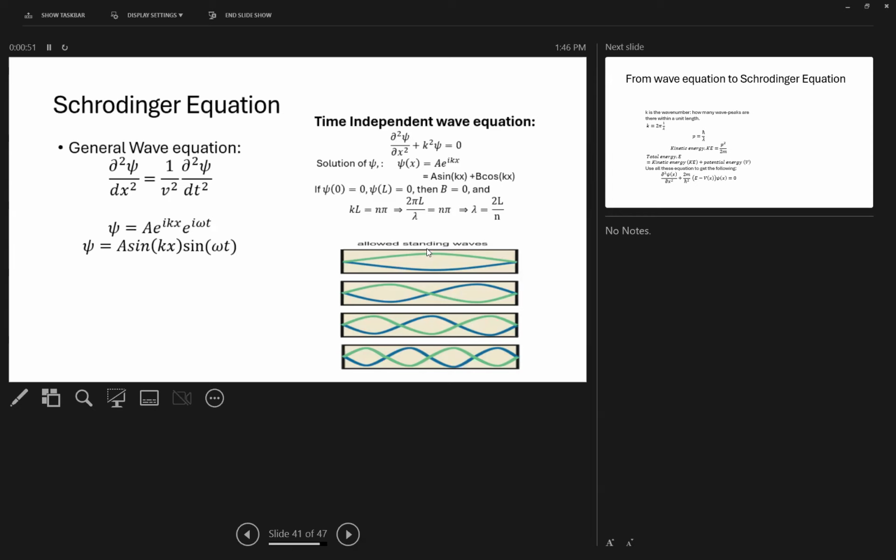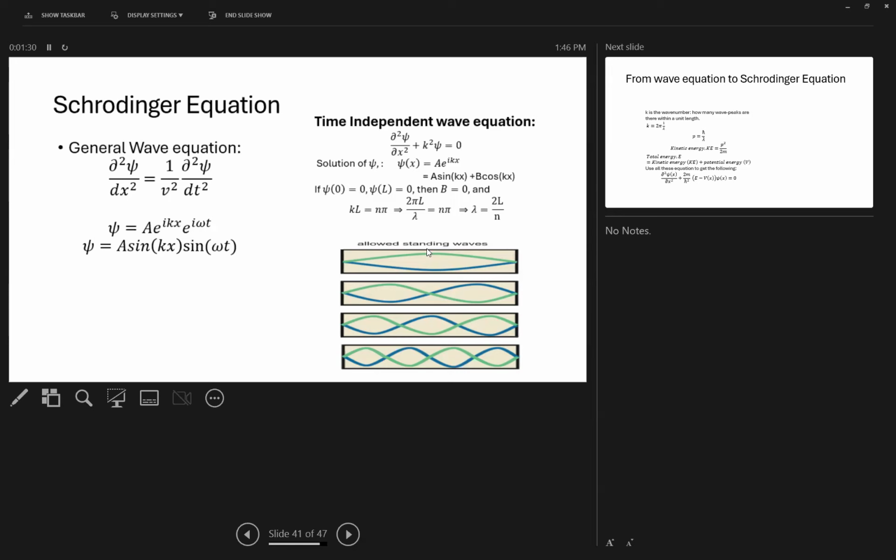Okay. And actually, it is this: kL is equal to 2 pi n. And from there, we can write that lambda is equal to twice L by n, where n is some integer number. n can be 1, 2, 3, and any integer number.